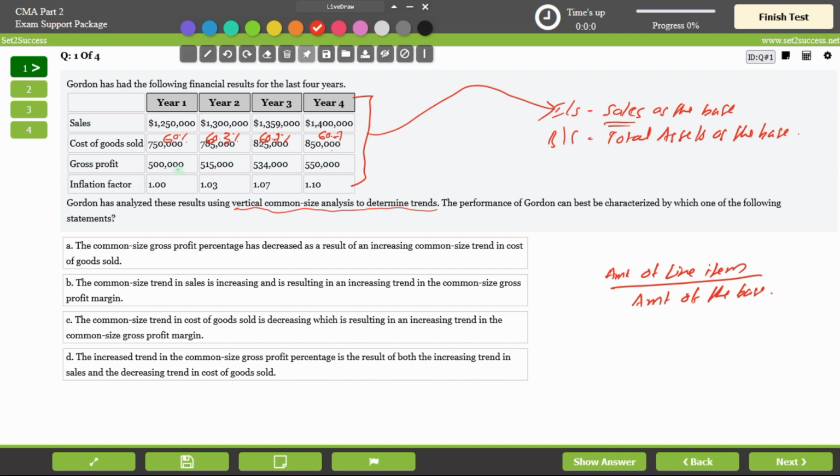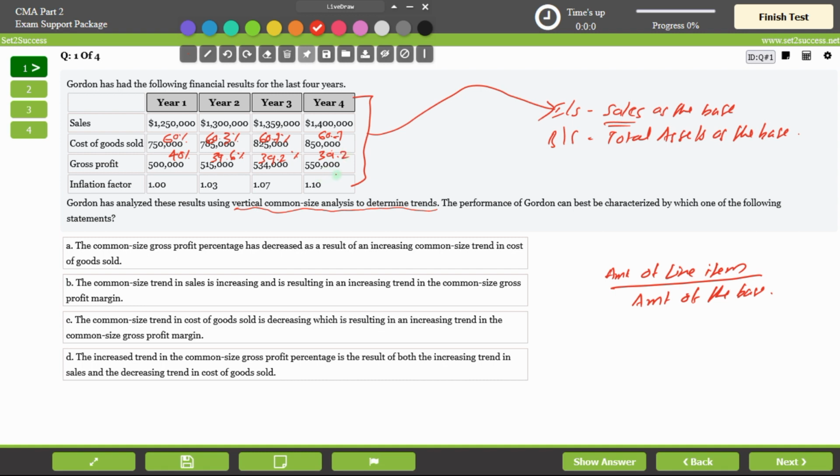Now gross profit 500,000 by 1,250,000, which gives you gross profit by sales of 40%. Gross profit by sales in year 2 is 39.6%, and gross profit in year 3 is 39.2%, and gross profit in year 4 is 39.2%.